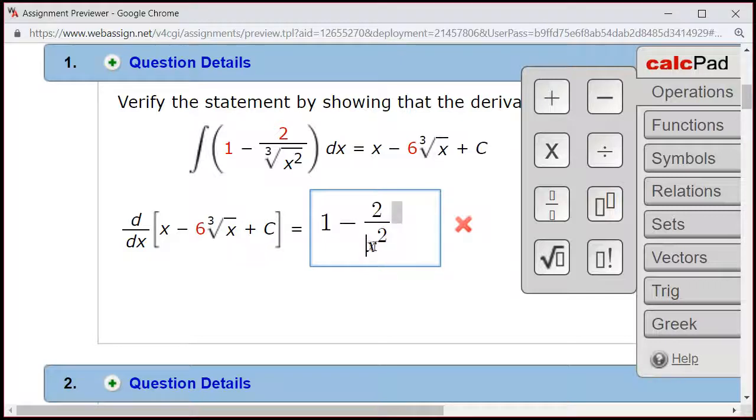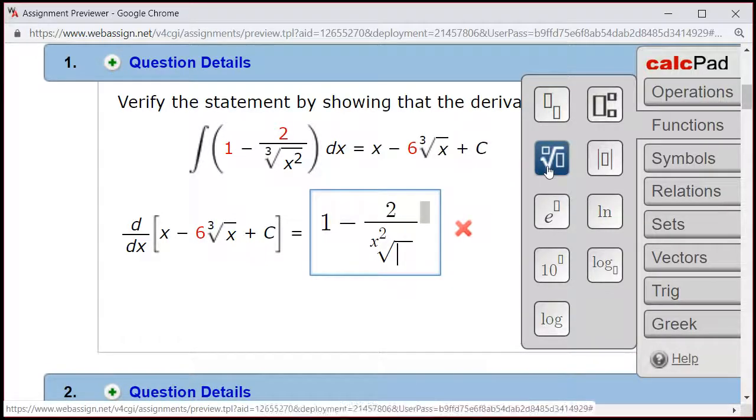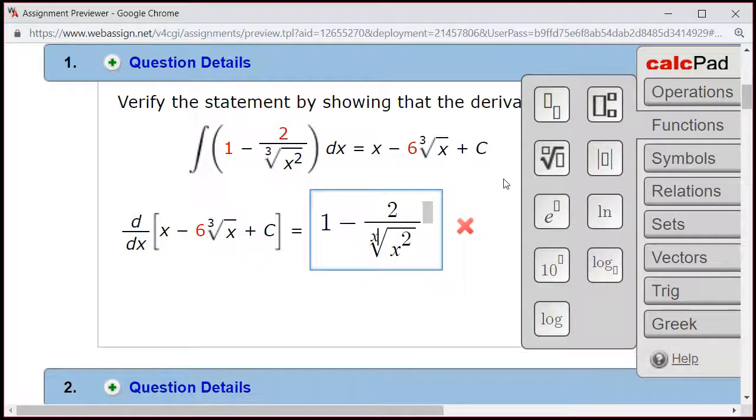You can write it as the cube root of x squared, which is exactly the same as the integrand, right?